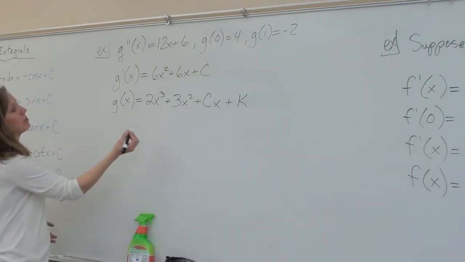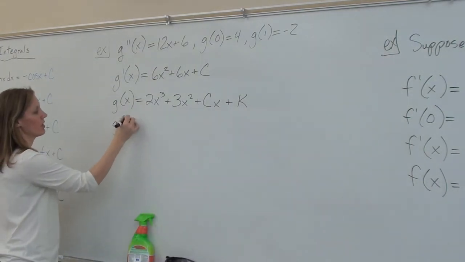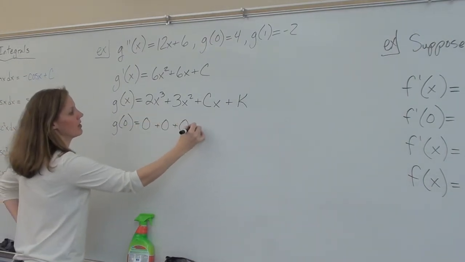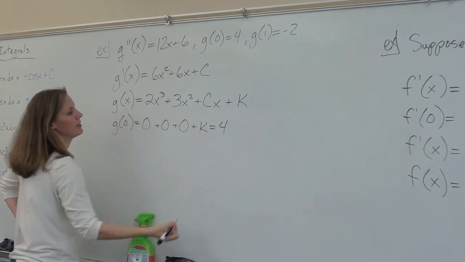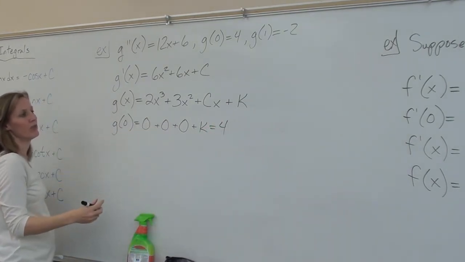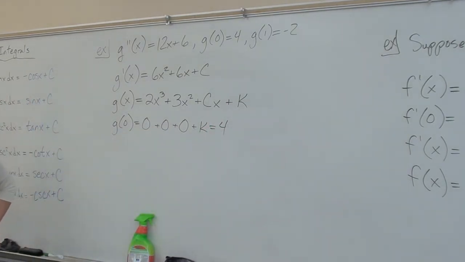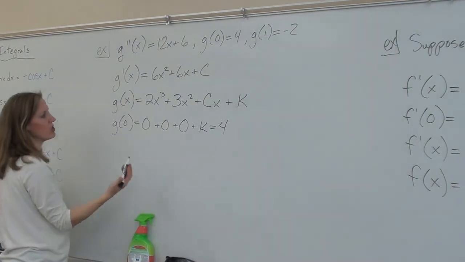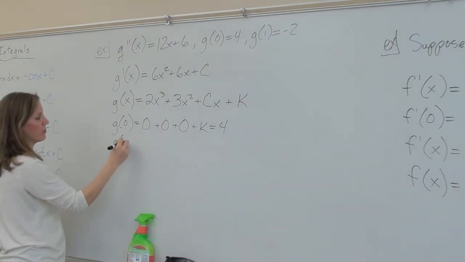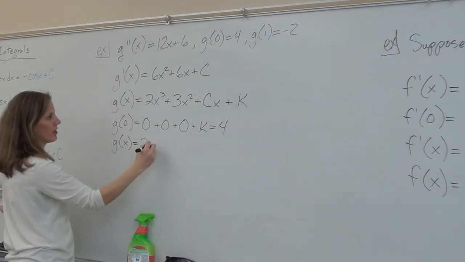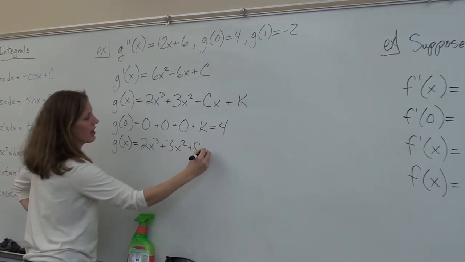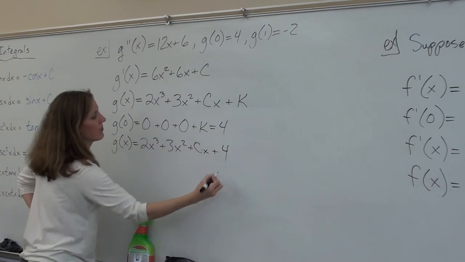Alright, now let's plug in what we know. What are we trying to find? g of x, the original function. Okay. So since I plug in a 0, I get k equals 4, which is nice. So I'm just gonna rewrite with my k: cx plus 4.